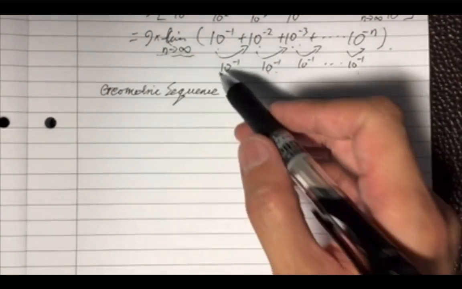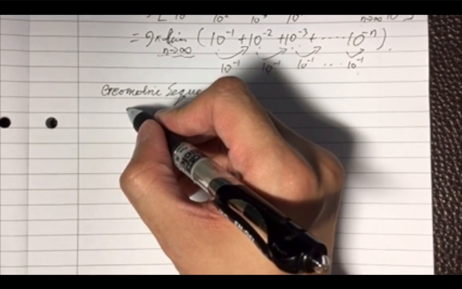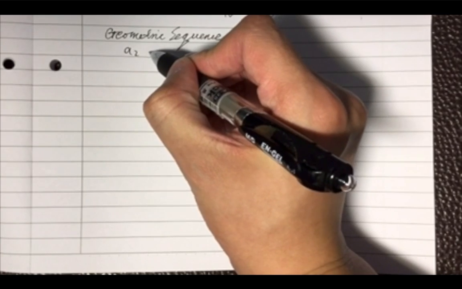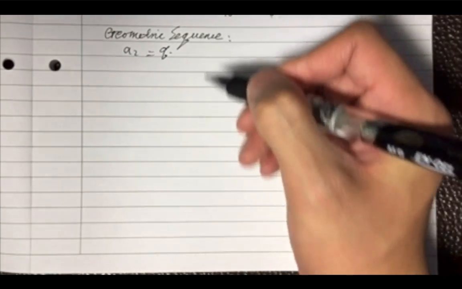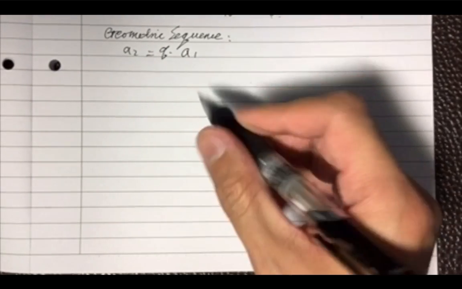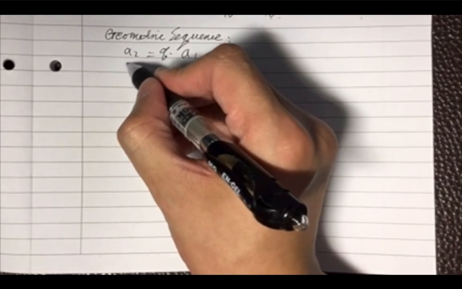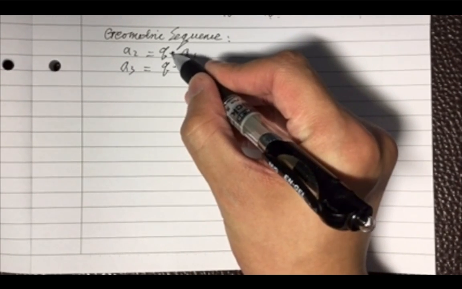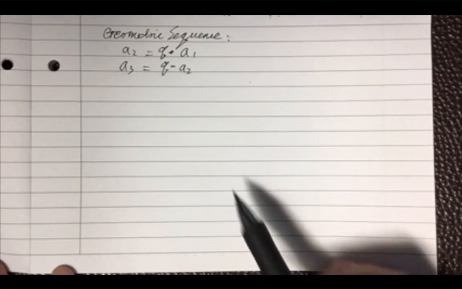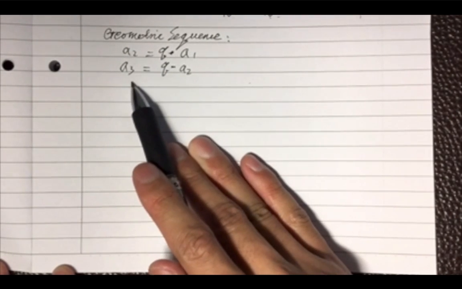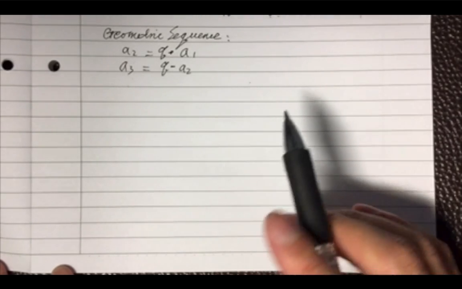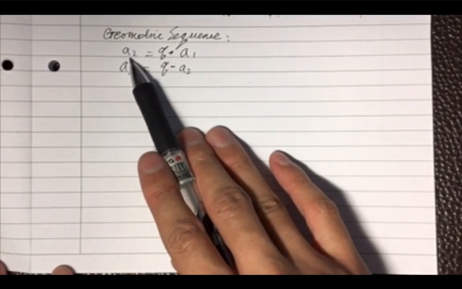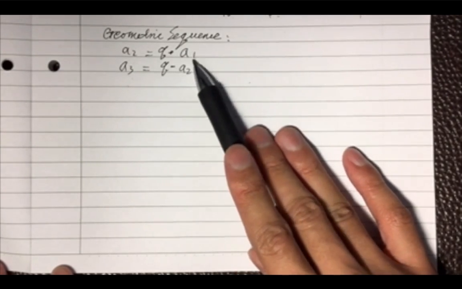So I'm going to write this thing out, which is A2 is Q times A1. Q is the common ratio, right? And A3 is Q times A2. And these footnotes 2 and 3 represent the order of the term, so you just know the second term, the third term, and the first term, right?